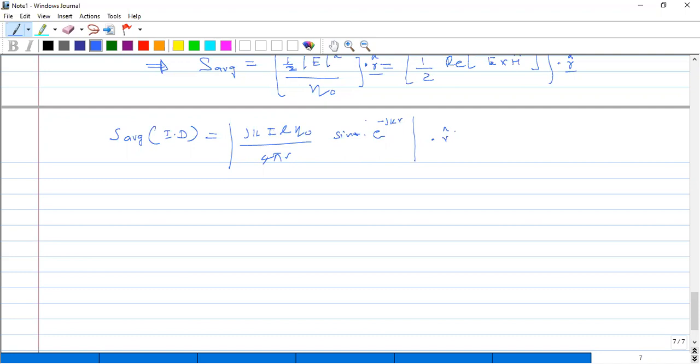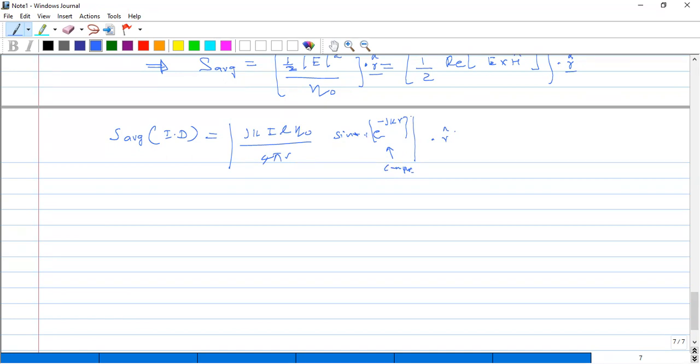So this part is also complex, no? This is also complex, so what is the magnitude of this one? This is actually the complex part, so we have to remove this complex part. The magnitude is 1. If you get the magnitude of e to the power minus jkr, the magnitude will be 1.